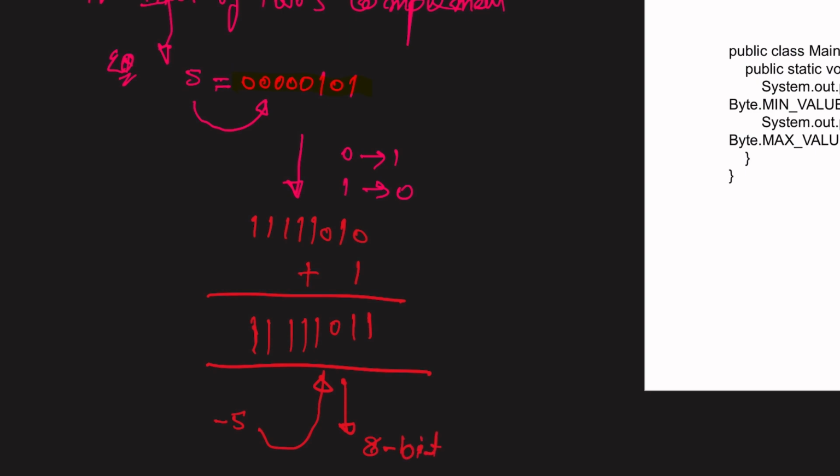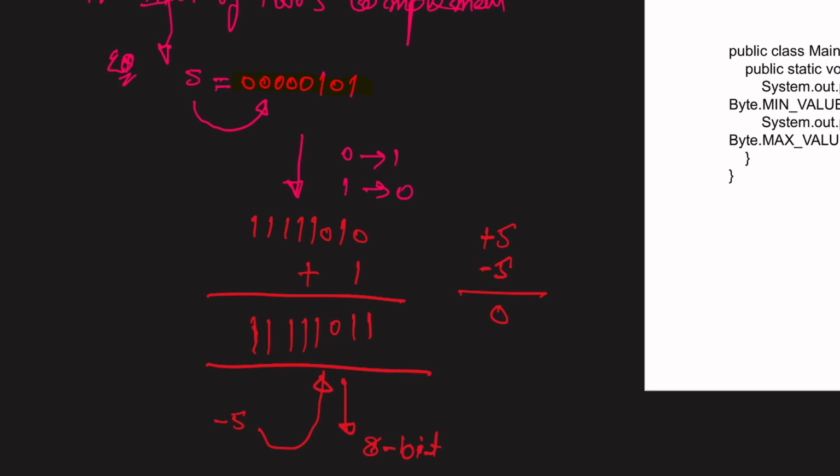Why is it a smart way to do that? Addition or subtraction just works without special rules. For example, if you add +5 and -5, the final answer would be 0.